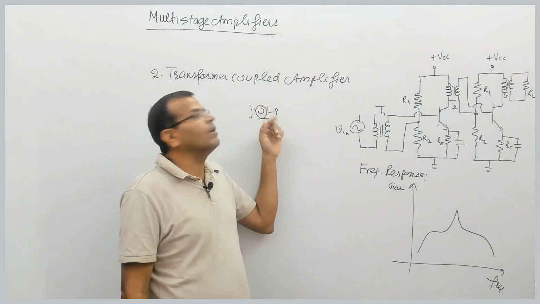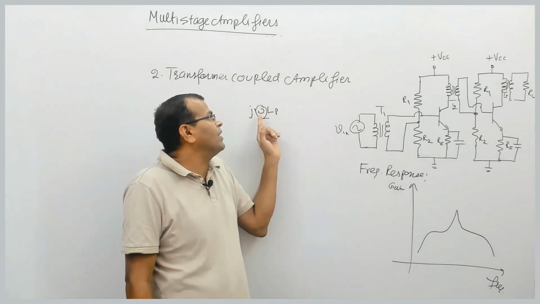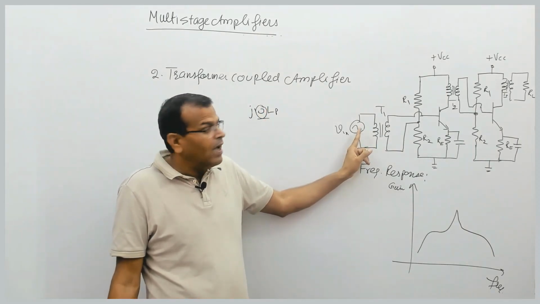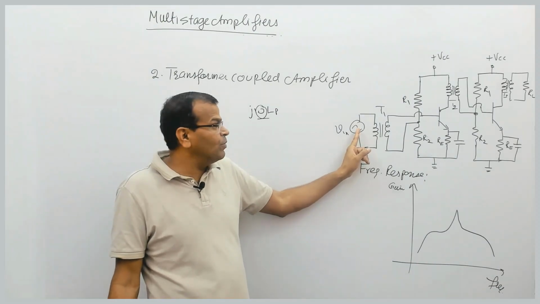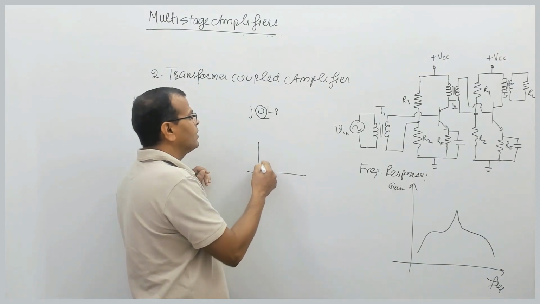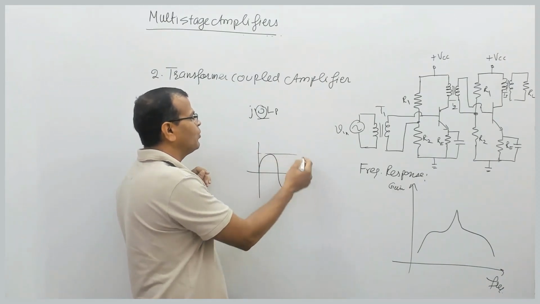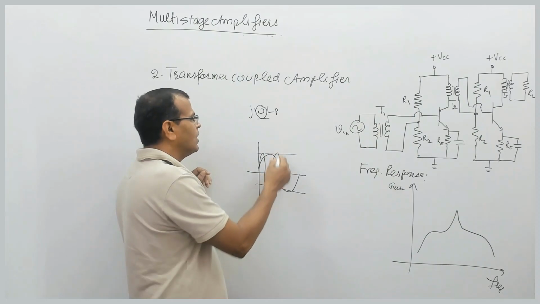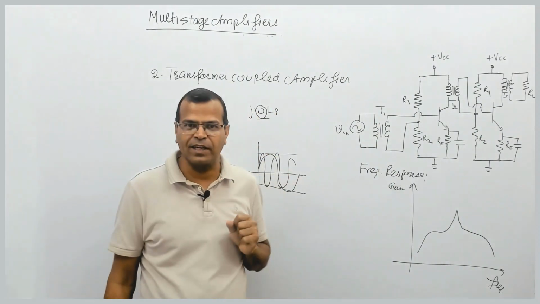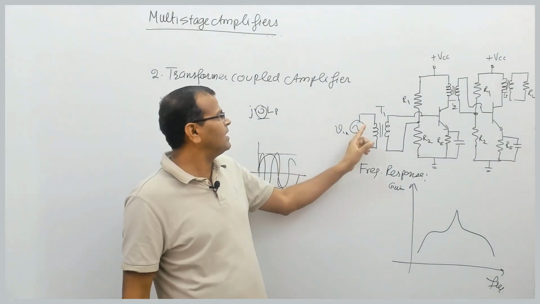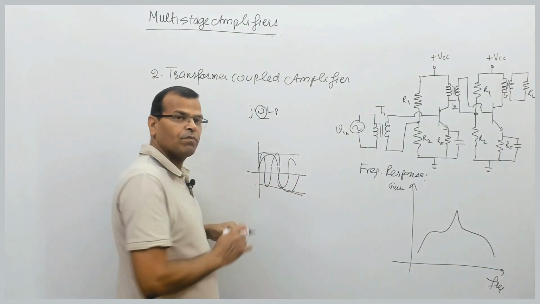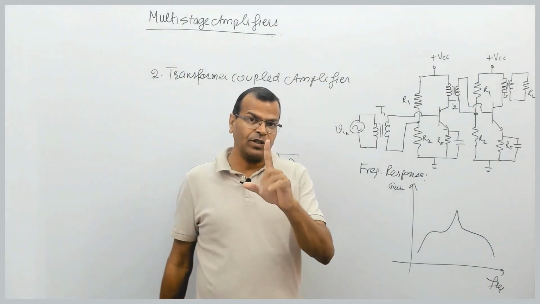I'm not changing the amplitude of input voltage. If signal has low frequency, amplitude may be same. This is one signal having same amplitude but high frequency. So I'm changing the frequency of the signal, while the level of the input signal is the same.